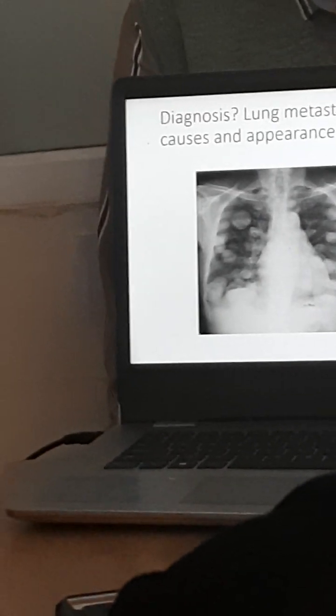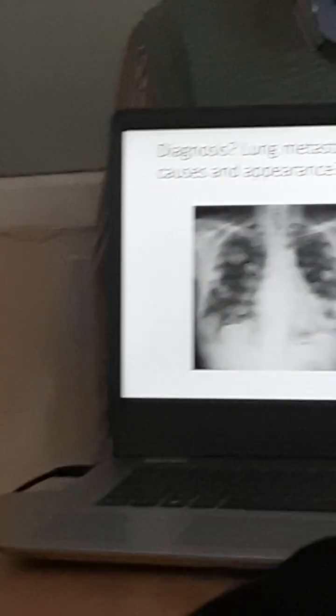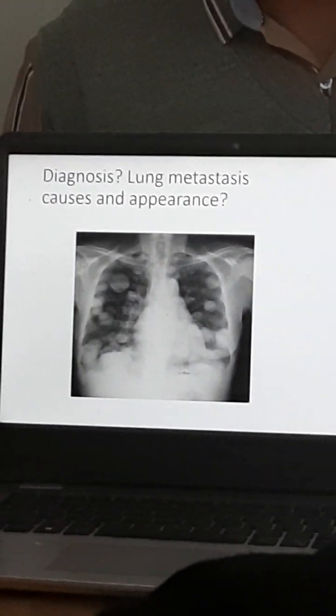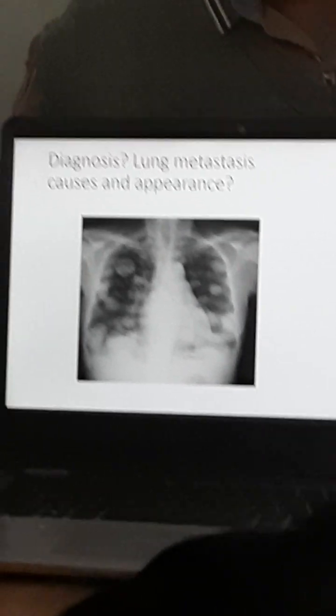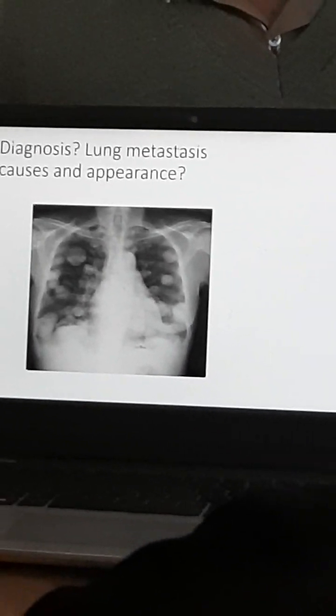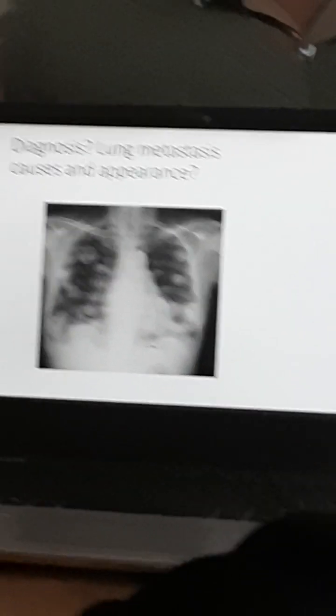It can be calcification, it can be multiple patches. But the patches are also in the mediastinum region and the liver lobes are also involved. You see the patches in my liver also. Excellent. So metastasis. What are the probable causes of metastasis?